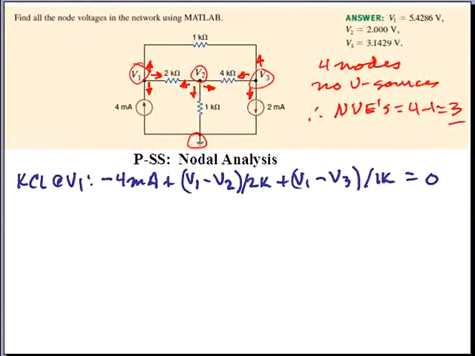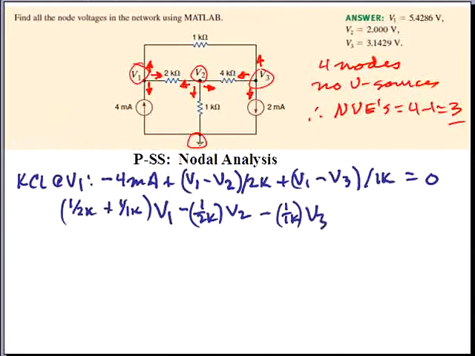Now we can rearrange terms here. We'll have (1 over 2K plus 1 over 1K) V1 minus 1 over 2K V2 minus 1 over 1K V3 is equal to 4 milliamps.